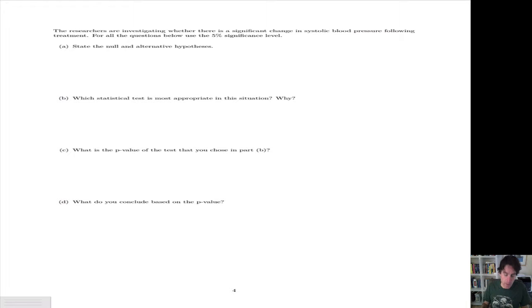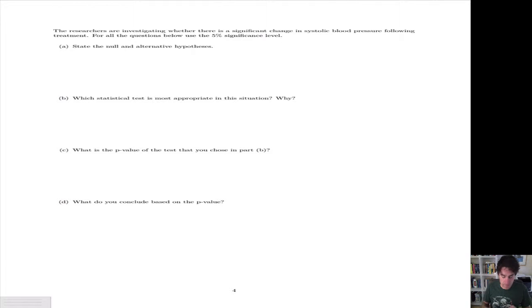So let's have a look at the questions. It says the researchers are investigating whether there's a significant change in systolic blood pressure following treatment. For all questions below, use the 5% significance level. So it says, state the null and alternative hypotheses.